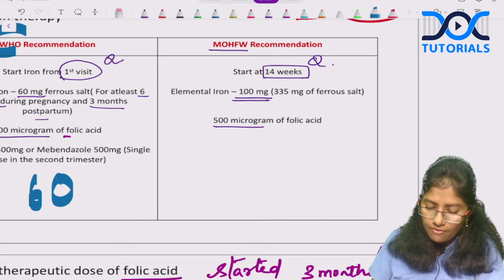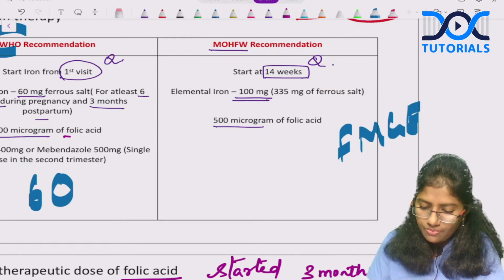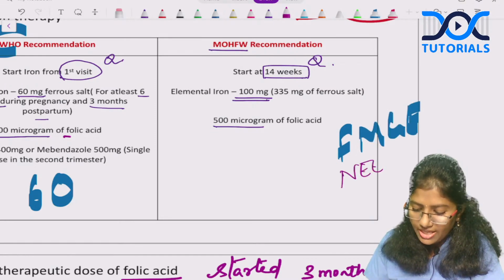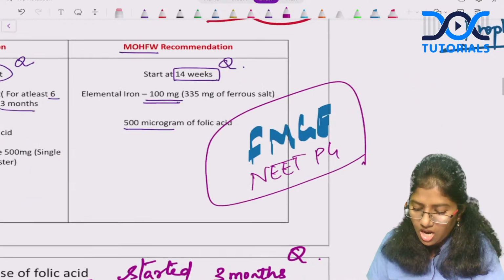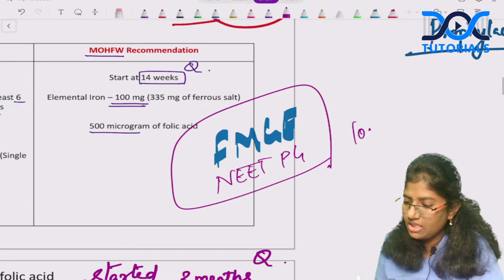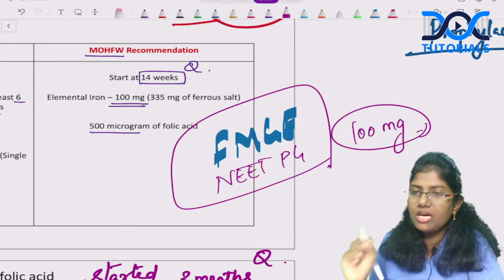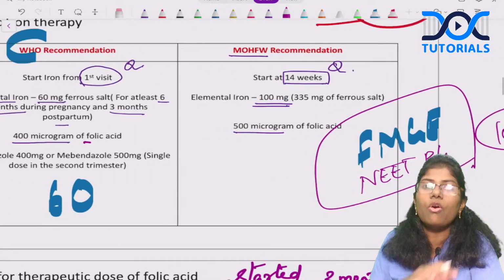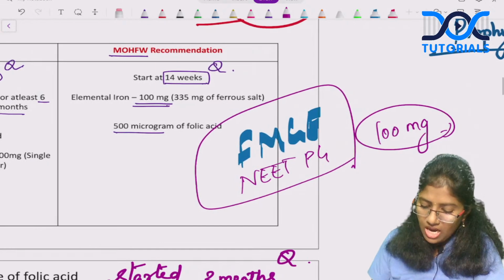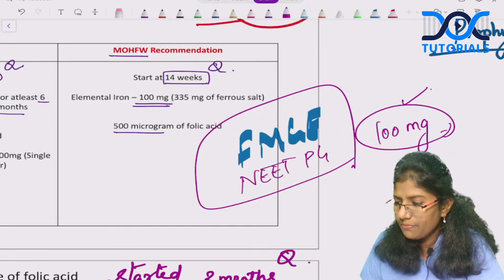Or else, for our FMGE exam and our NEET PG exam, the answer will always be 100 milligram of elemental iron unless you see the word WHO. You understand now, Aditya?